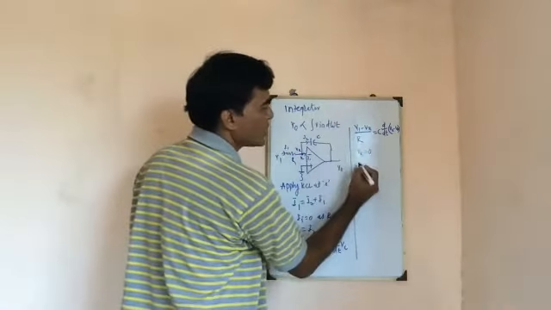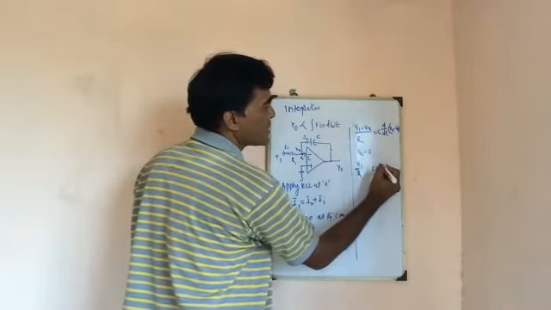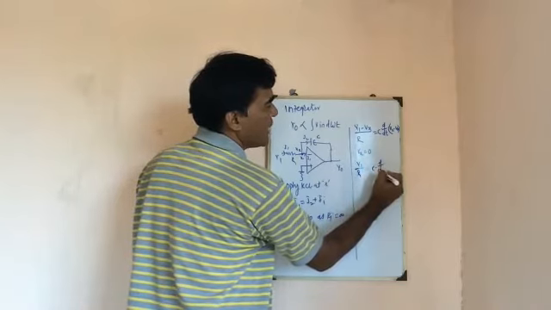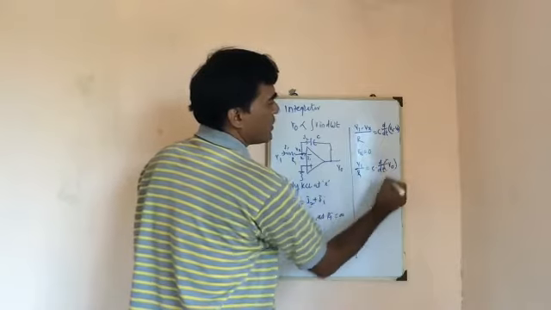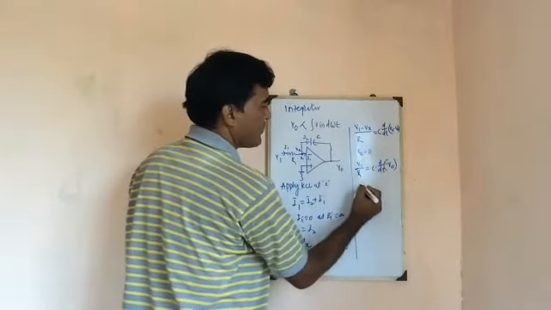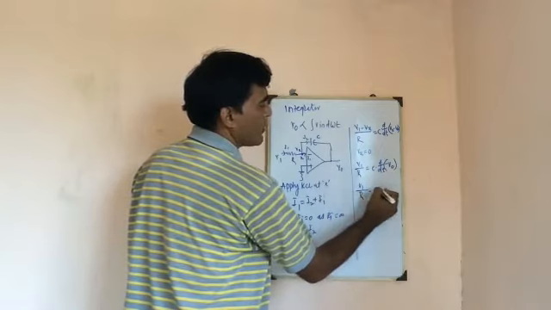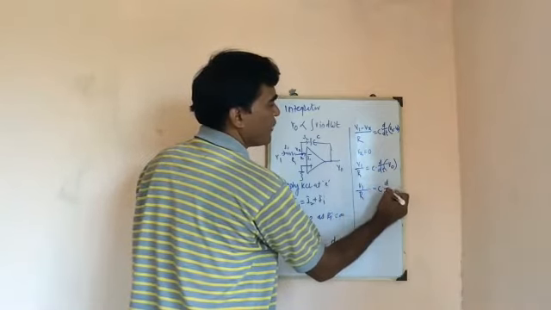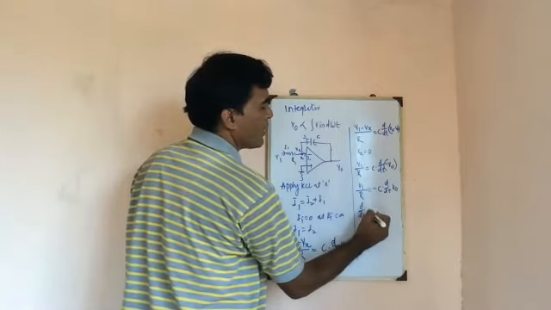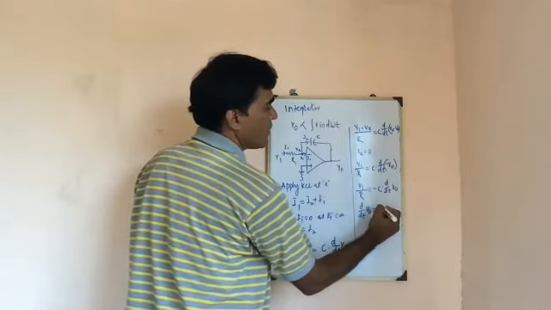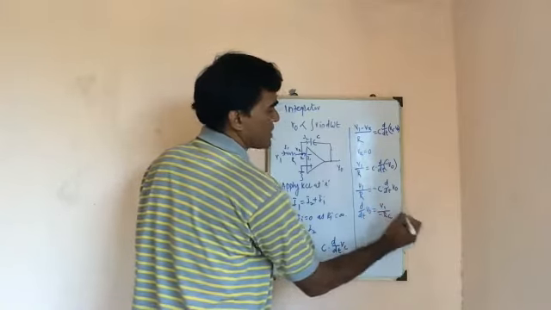Substituting Vx equal to 0 in this equation, we get V1 by R is equal to C into d by dt of minus Vout. So V1 by R is equal to minus C into d by dt of V0. Therefore d by dt of V0 is equal to V1 divided by minus RC.